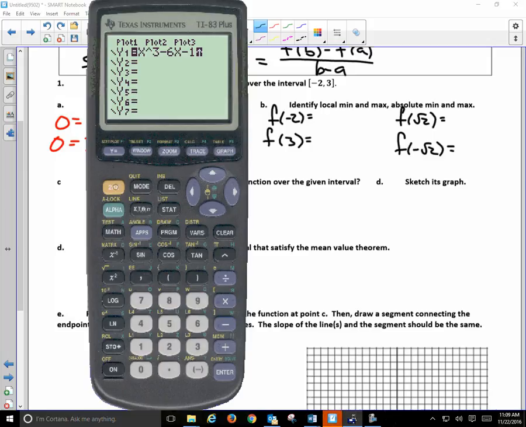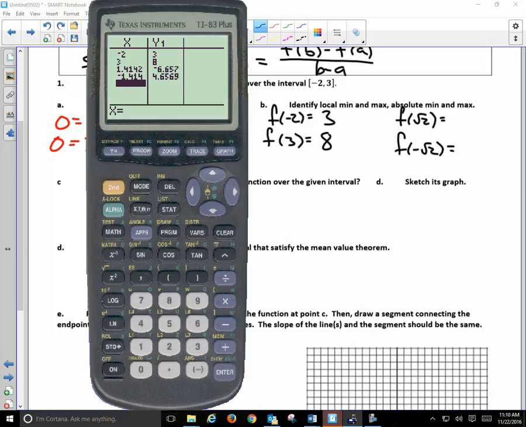So I'm going to go to my table. I'm going to type in those values. Negative 2, 3, square root of 2, and negative root of 2. f(negative 2) is 3. f(3) is 8. f of the root of 2 is negative 6.7.